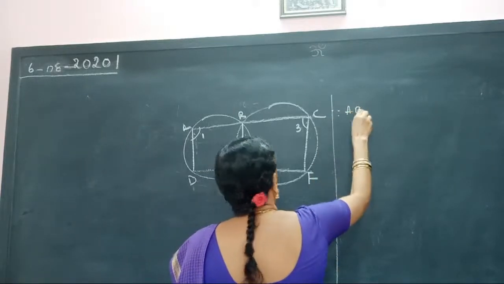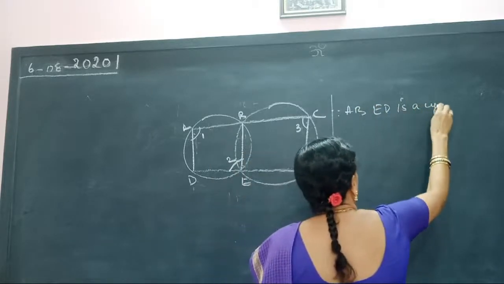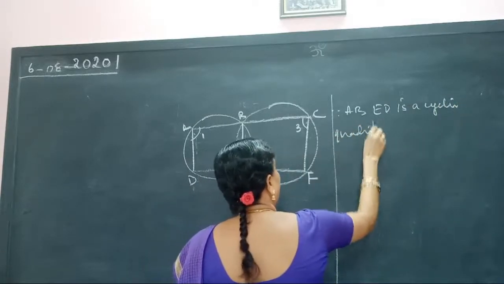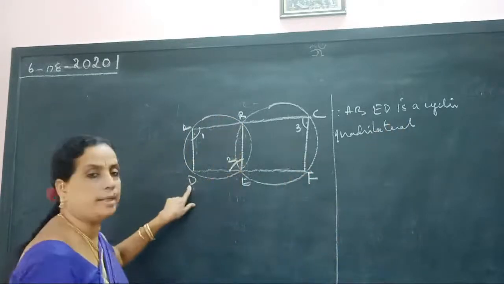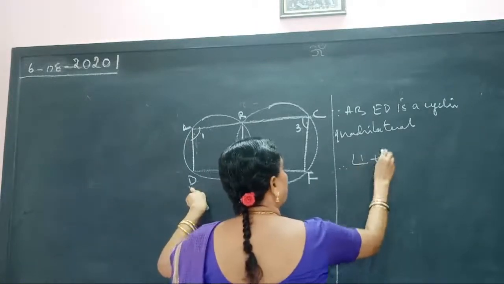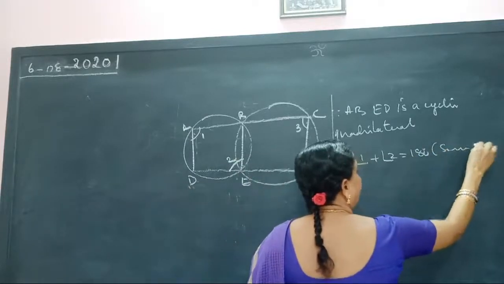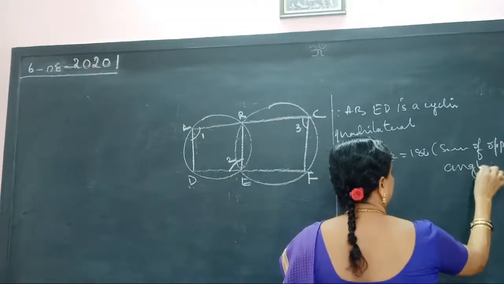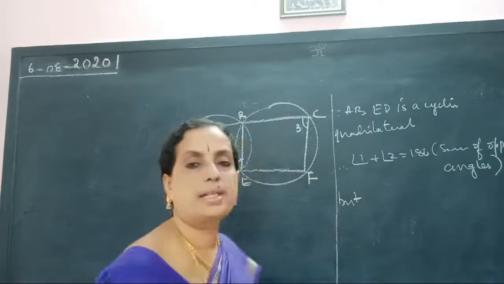Since ABED is a cyclic quadrilateral, therefore angle 1 plus angle 2 equals 180 degrees, sum of opposite angles. But what is the answer now?